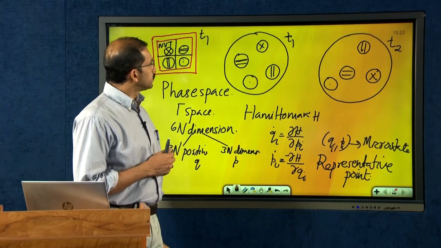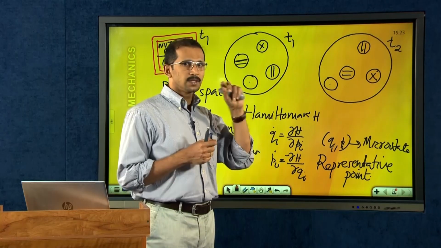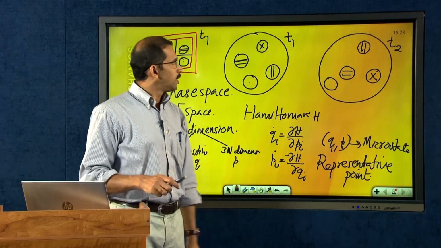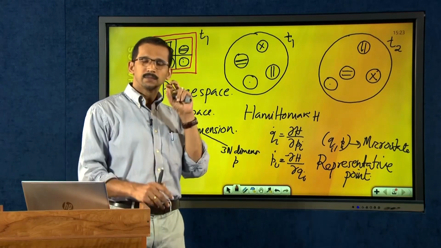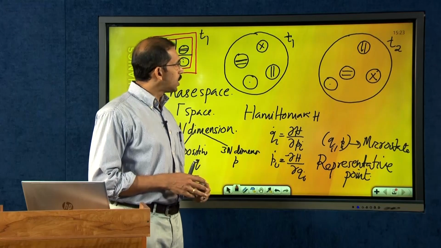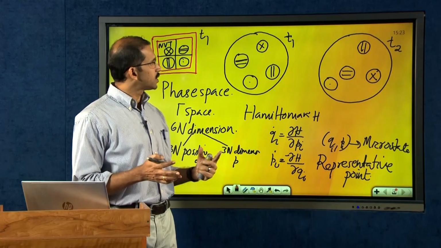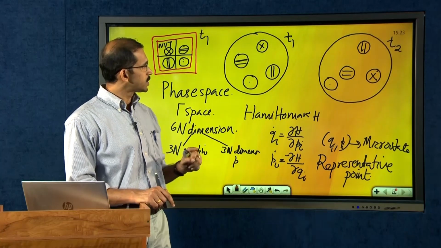Now my question is that in this hypersurface, if I ask you to take some volume and count how many microstates are there in that volume. The question is clear.